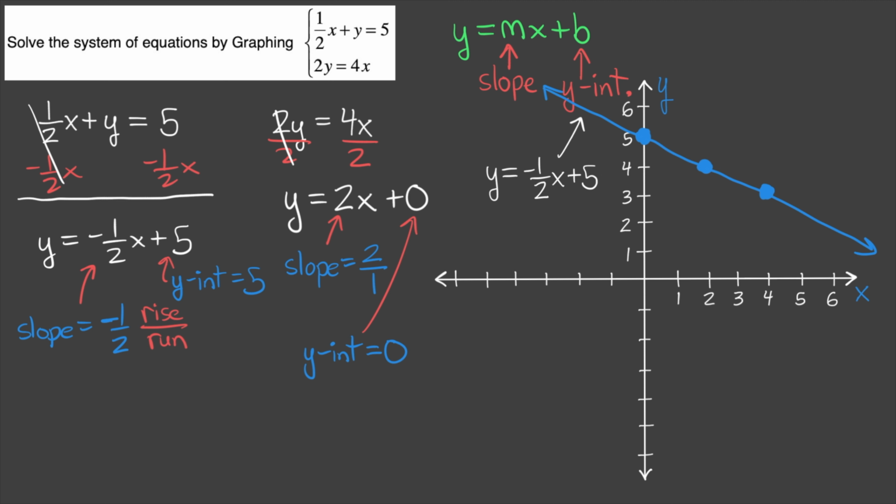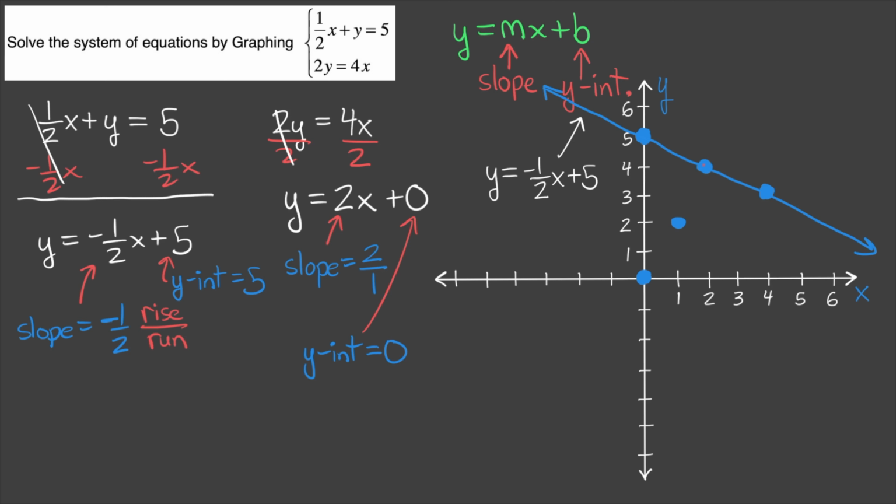Our next line, the y-intercept is 0, so we'll start with that. Put a dot here, and then our slope was just 2, so we're going to go up 2, right 1. So rise over run. So up 2, right 1, so that's right here. Then we'll go up 2, right 1 again. Notice we land on this point right here, which is great.